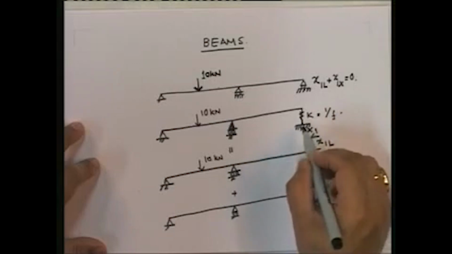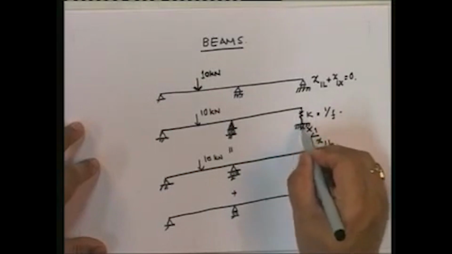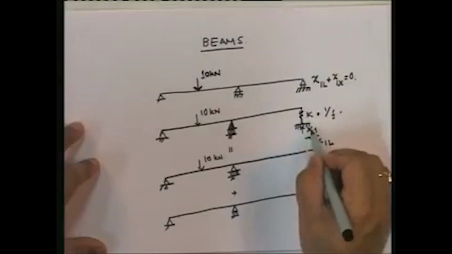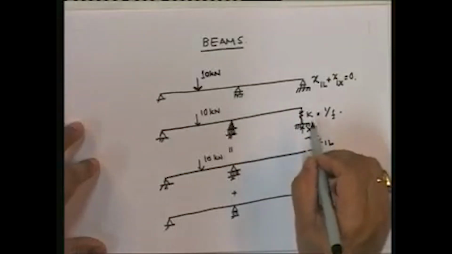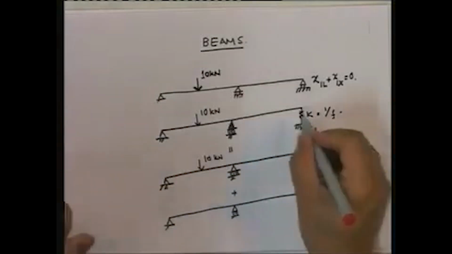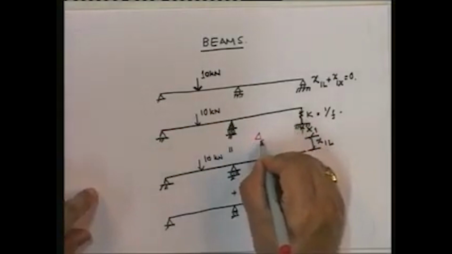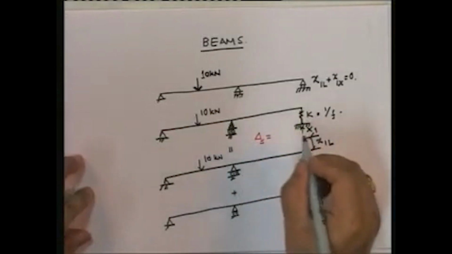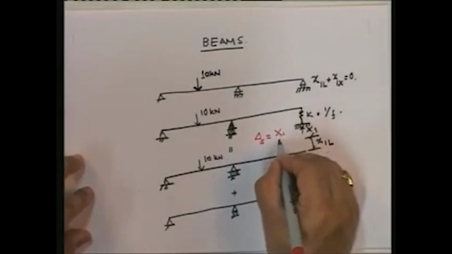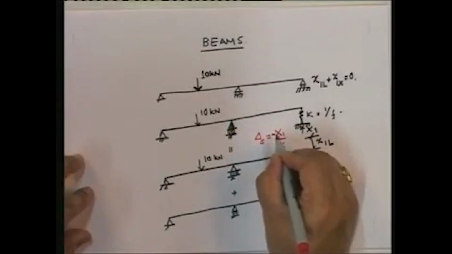How do we compute the deformation in the member? The spring is subjected to a compressive force of x1, so the deformation of the spring is going to be equal to x1 by k, and minus. Why minus?